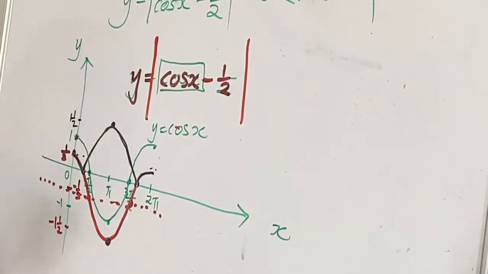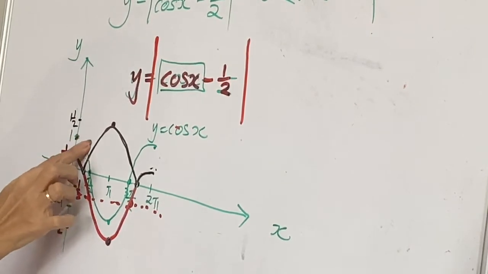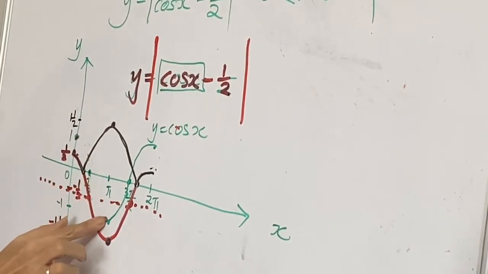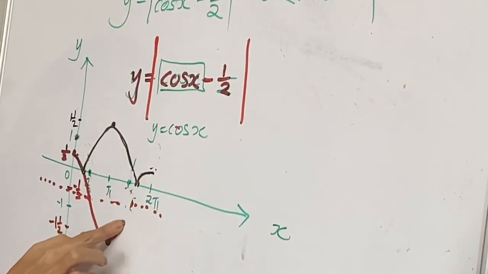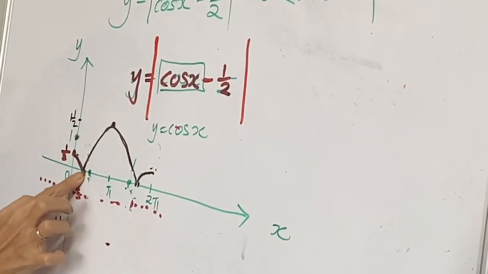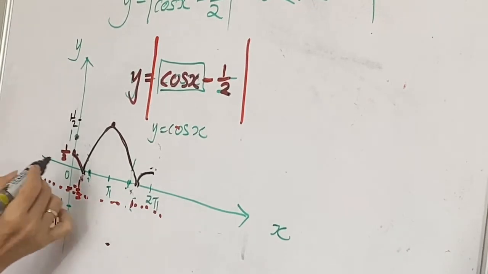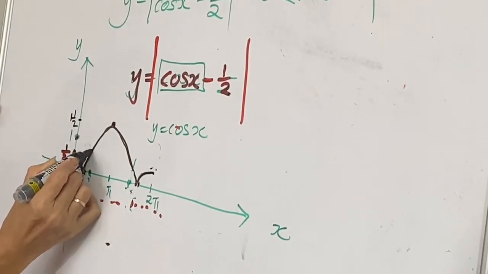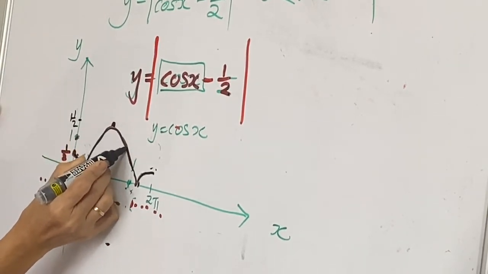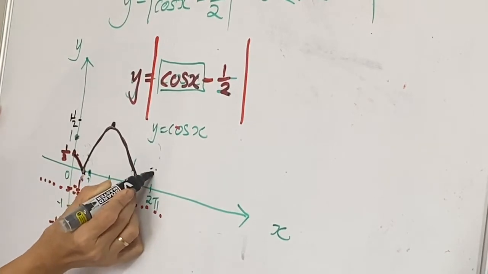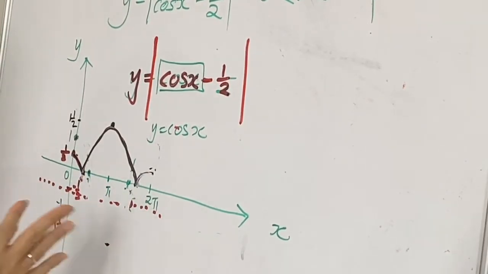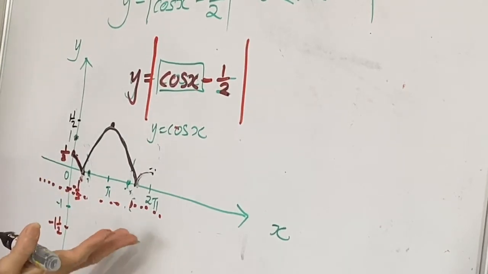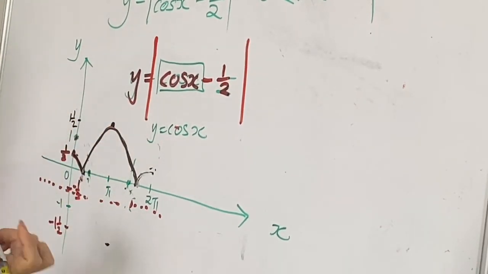The basic graph for modulus should appear on the positive side of y. So here we have y equal to modulus cos x minus half.